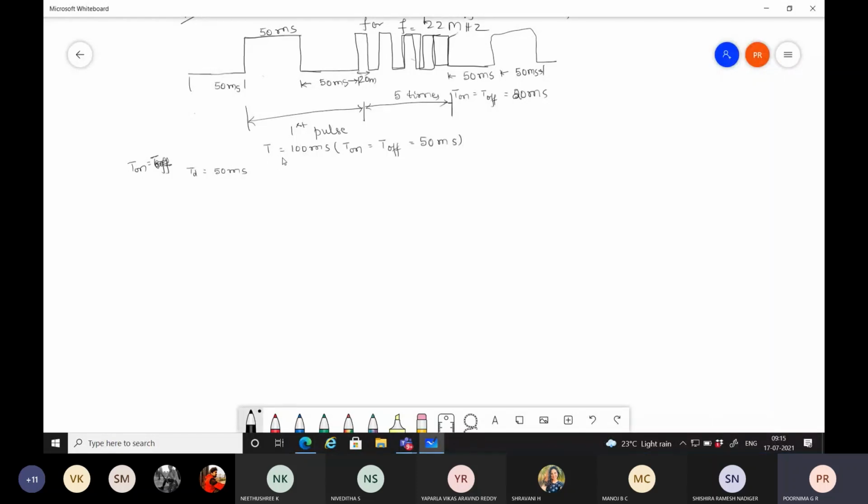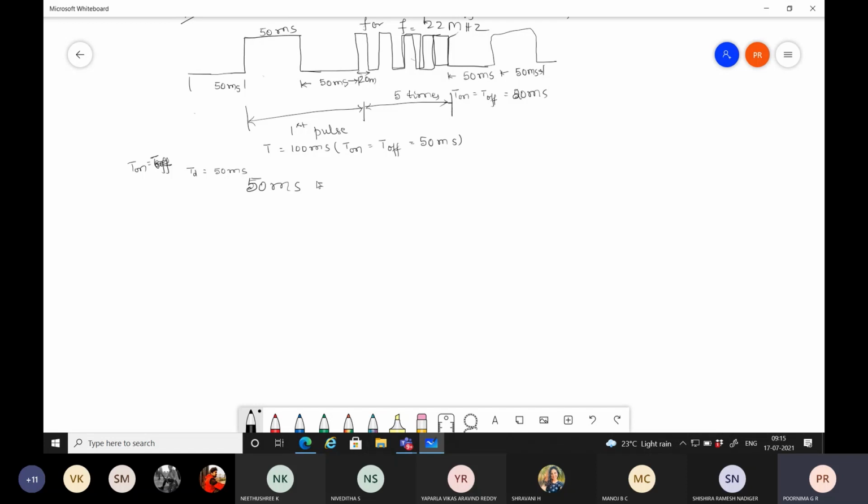How much initial count value is to be loaded onto the timer TH and TL registers? If you are calculating this, TD, 50 milliseconds is the required time delay.